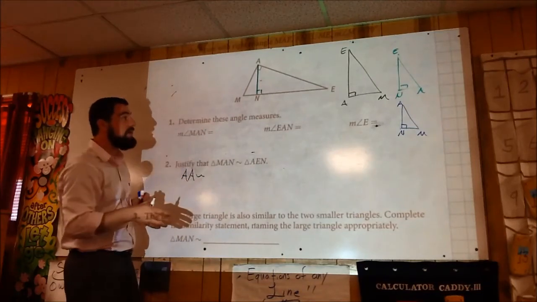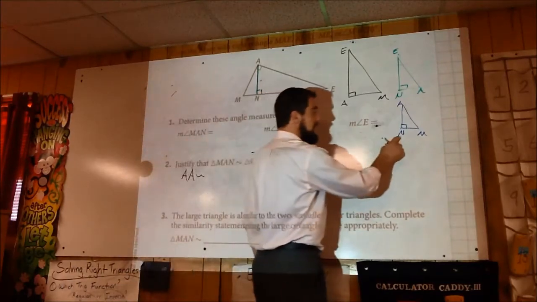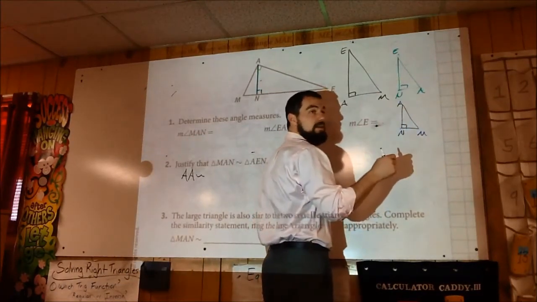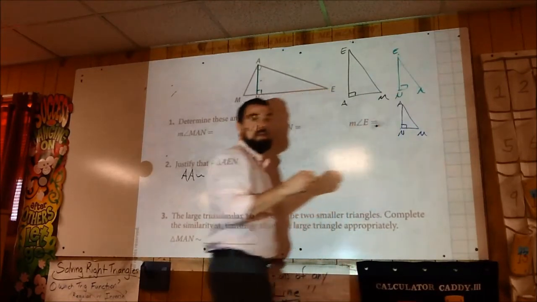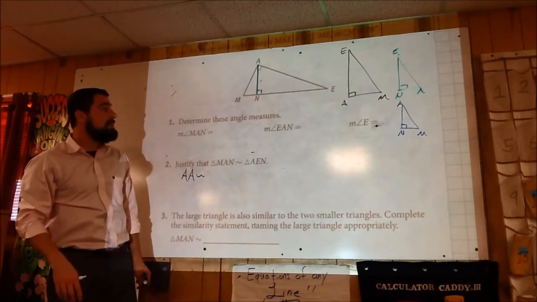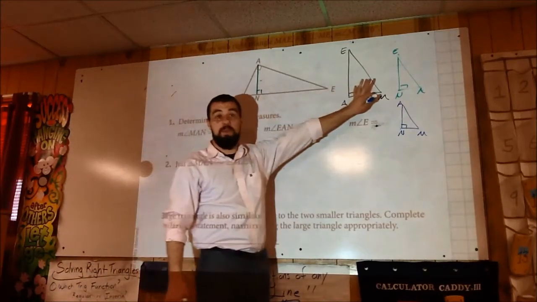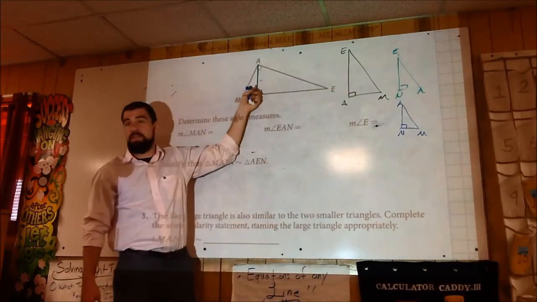In this diagram, you have that angle NMA is congruent to NAE, and angle ANM is congruent to angle ENA. It's extremely easier to look at this diagram that we've drawn on our own and identify the corresponding angles rather than trying to figure this out.